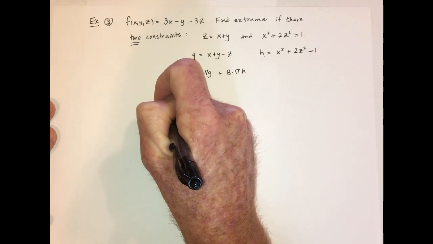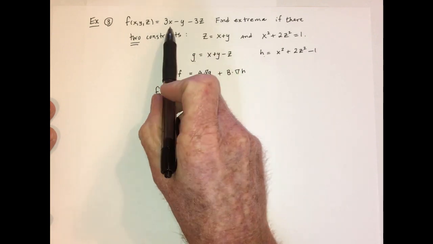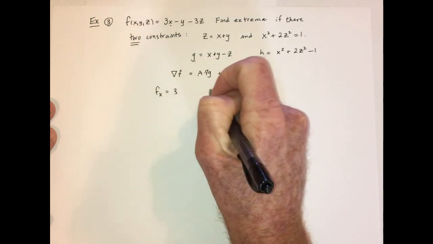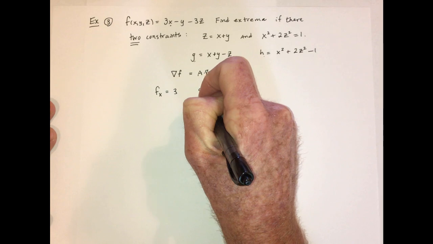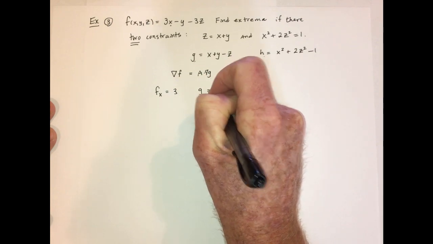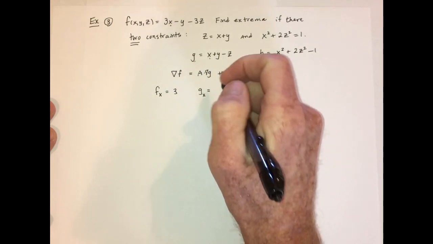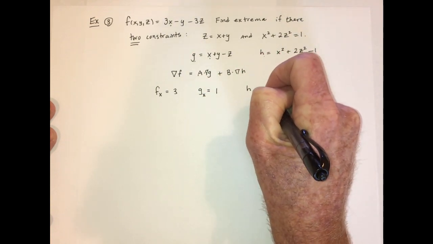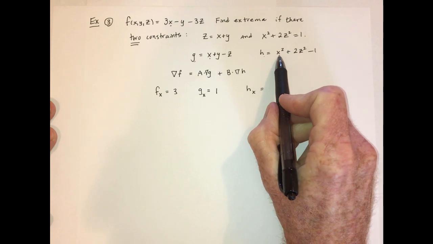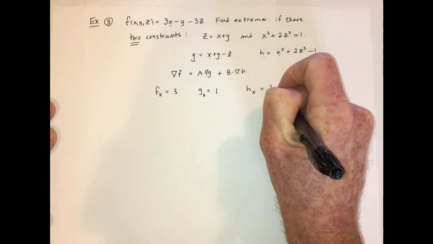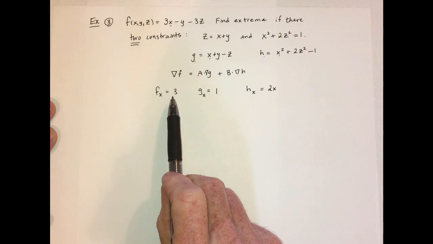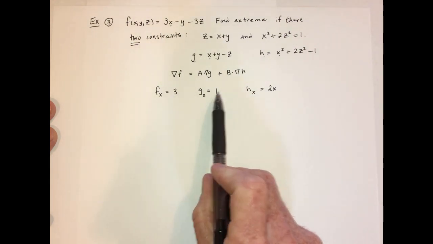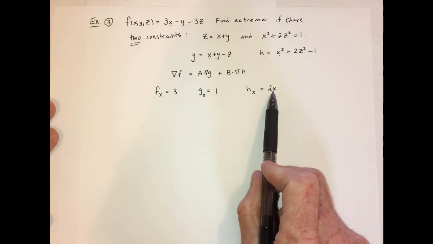So the derivative of f with respect to x, that's just going to be the number 3. The derivative of g with respect to x, so that's just going to be a 1. And the derivative of h with respect to x, that's going to be a 2x. So after I'm done with derivatives, this one's going to say 3 equals a times 1 plus b times 2x.